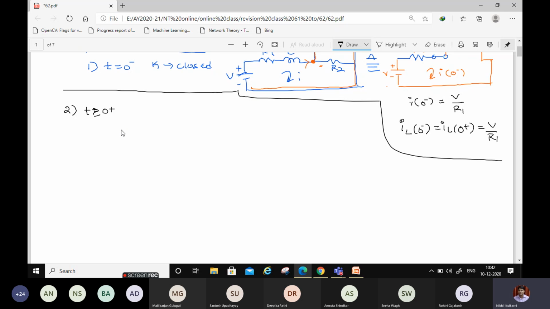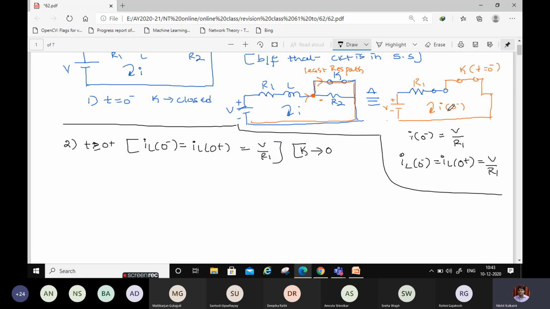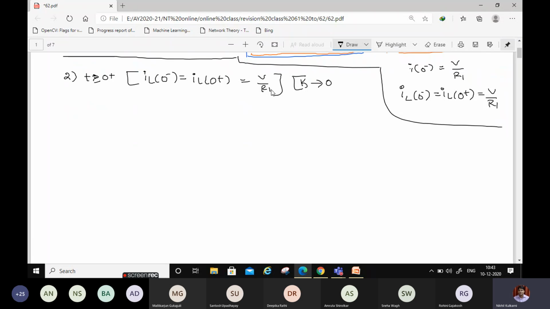And initially what is the current through the inductor? Make a note: IL(0 minus) equal to IL(0 plus) is V upon R1. This is the initial current. Earlier the switch K was closed, so now K will be open.